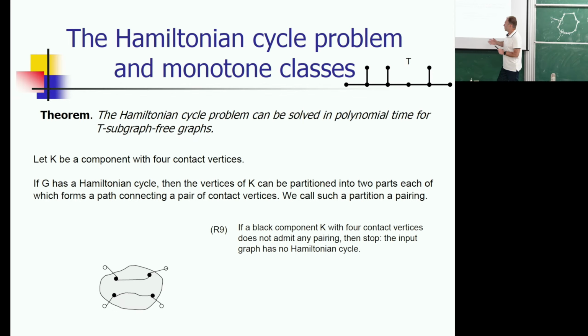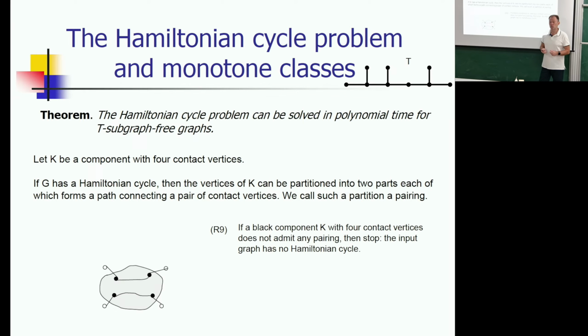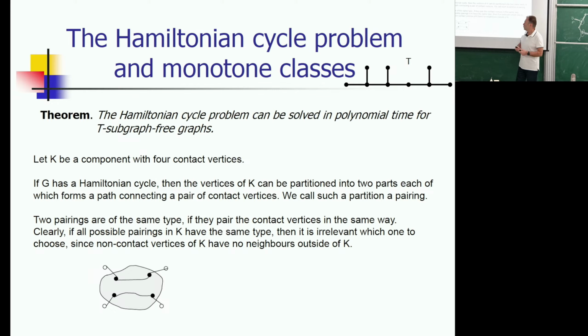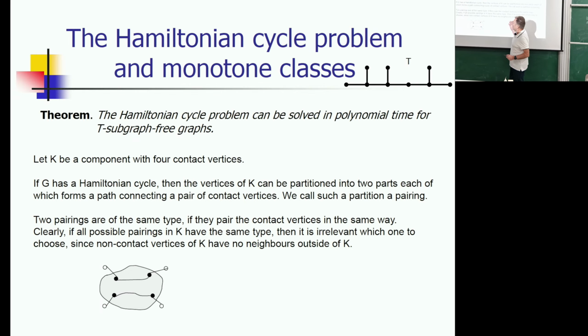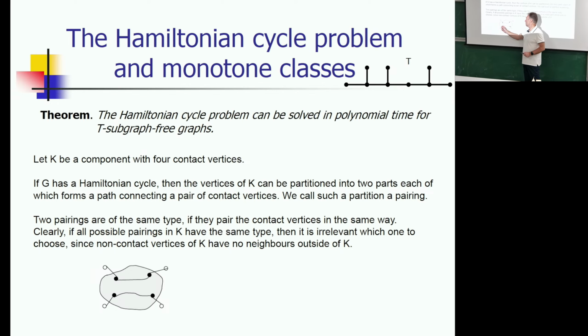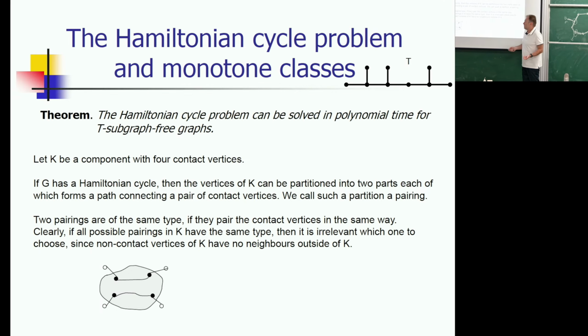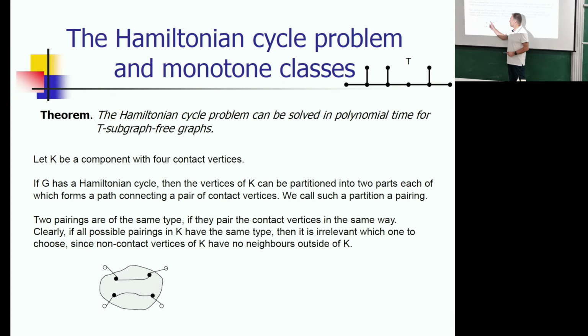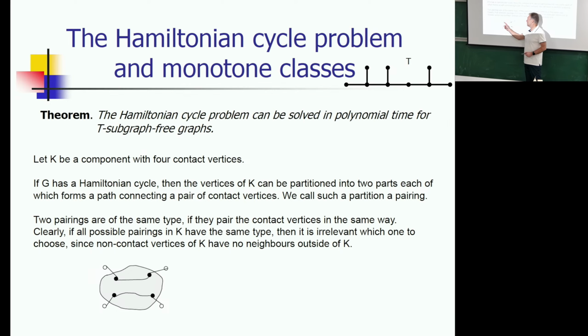If at least one pairing exists, then you check whether you can find pairings of different type. By different type, I mean maybe all pairings connect this vertex to this and this to this, in different ways, but only this to this and this to this. Then in the Hamiltonian cycle, there must be an interval connecting these 2 vertices, and an interval connecting these 2 vertices.